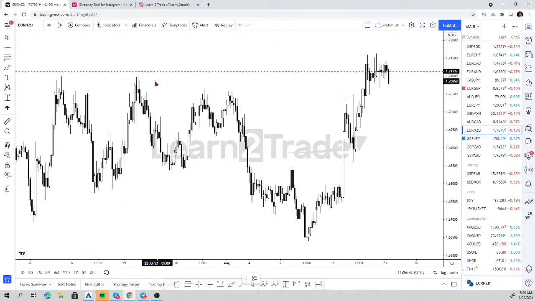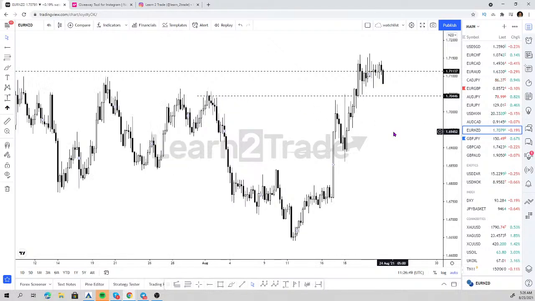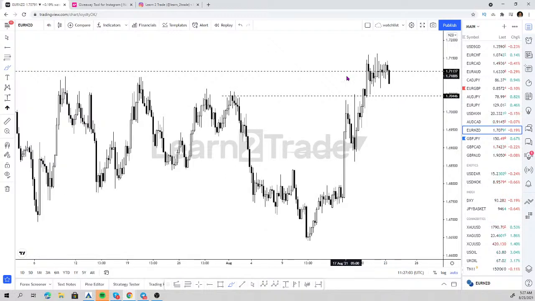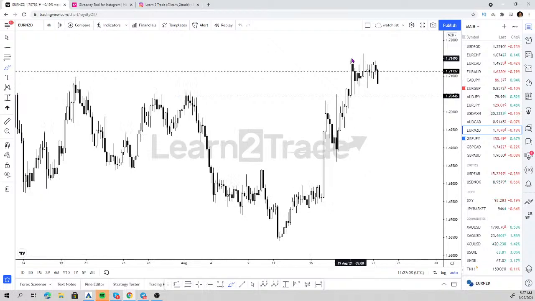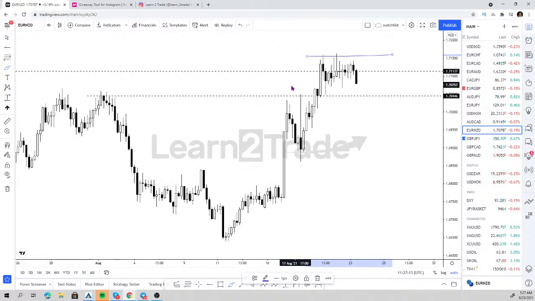All right, let's see some validation levels that could work for shorts. If I were to get involved here, I would short below the 70.35 or so, right here. Anything above that is just not good enough. Shorts are not validated, but just by looking at the 4-hour candles, there's a big struggle between buyers and sellers.